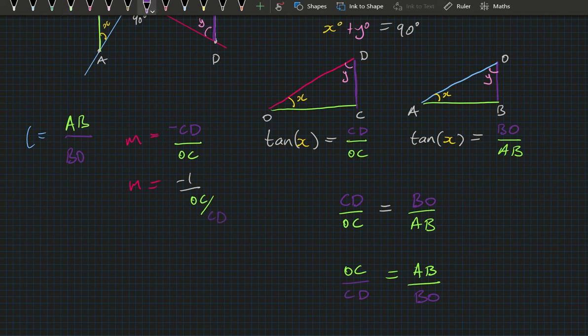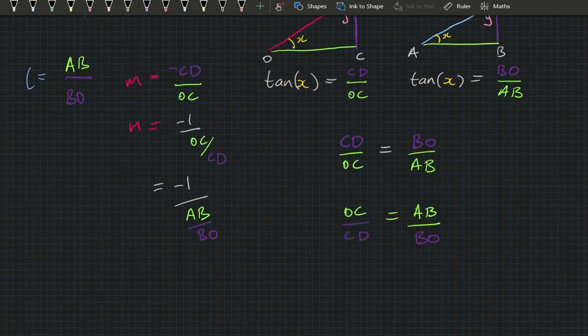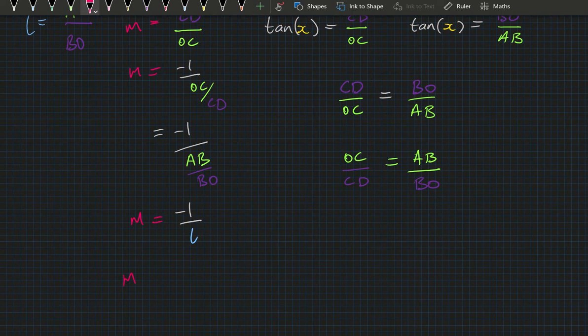And if we look back over at the other fractions, OC divided by CD is actually equal to AB divided by BO, which is equal to L. That means that M is equal to minus 1 divided by L. And if I multiply both sides by L, then we have M times L equals minus 1. Isn't that cool? So who knew we'd get trigonometry into linear relations?